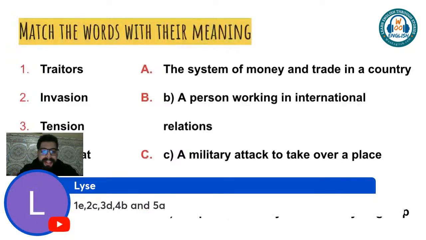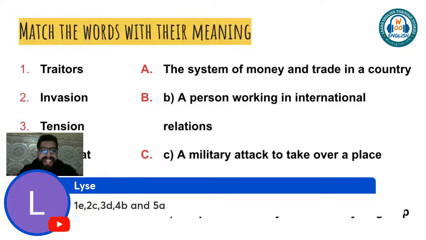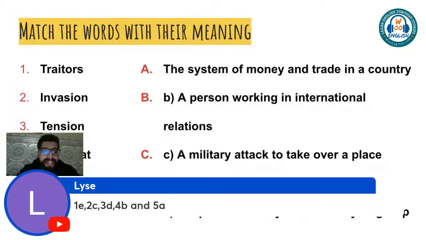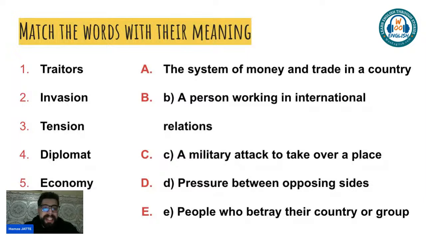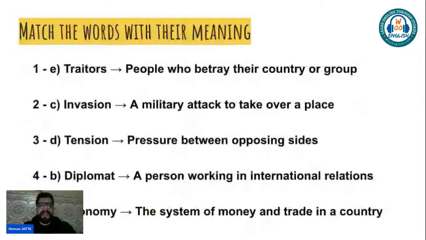Three is D, tension, pressure between opposite sides. Four is B, diplomat, a person working in international relations. And finally, five is A, meaning economy, the system of money and trade. That's perfect, wonderful. Yes, exactly. So you got them all correct.